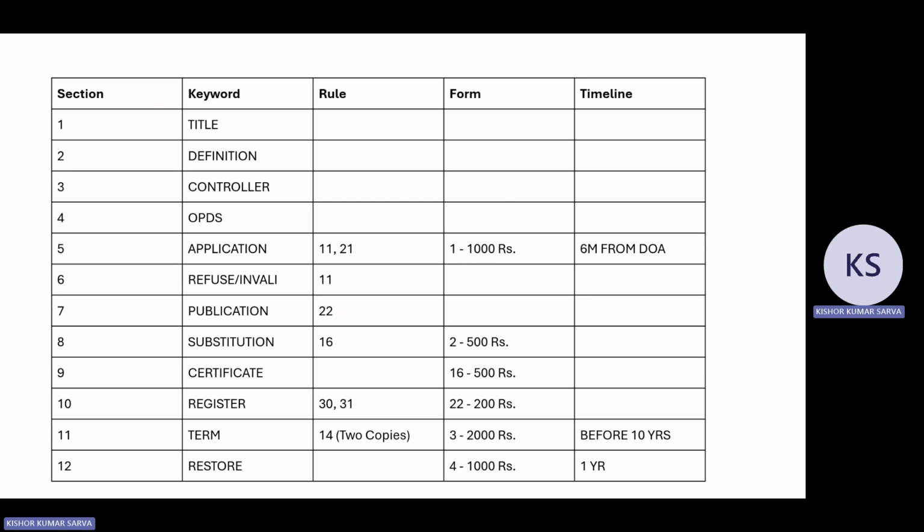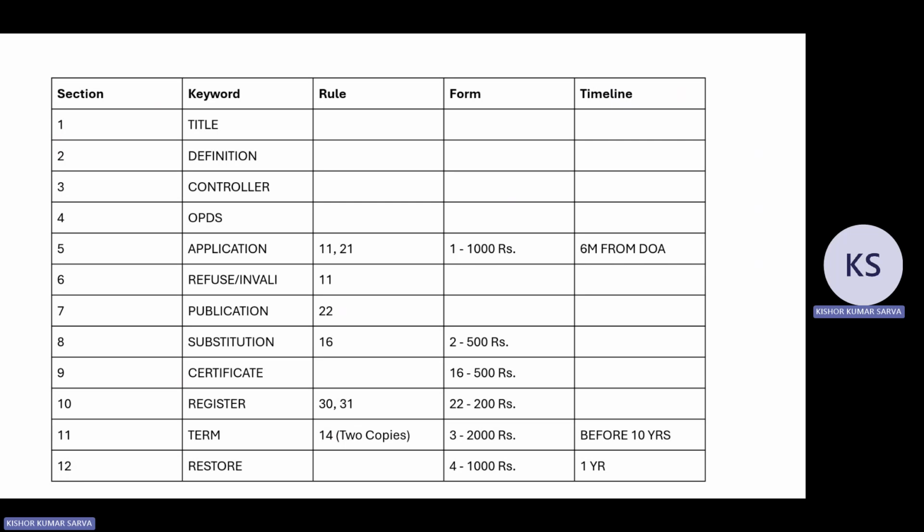But if you want an additional 5 years, then you have to file a request with form number 3, and along with that you have to pay 2000 rupees before the 10 years end. If you fail to do it before 10 years, then your design will lapse. So that is a dangerous situation.